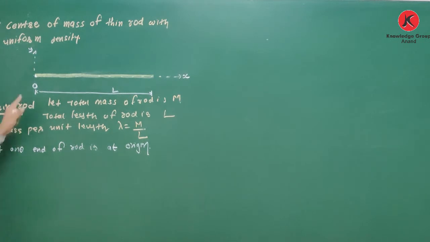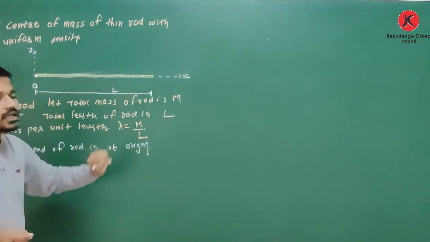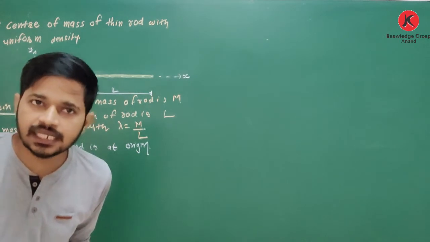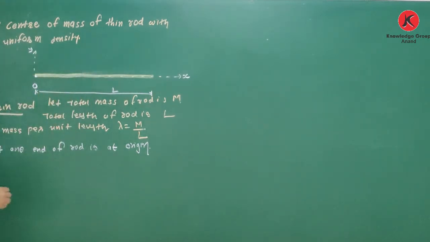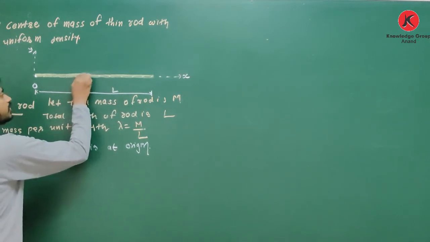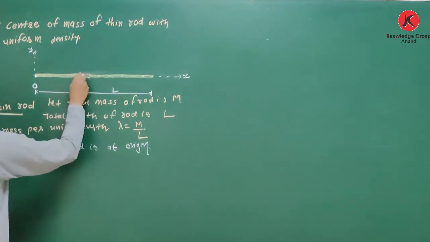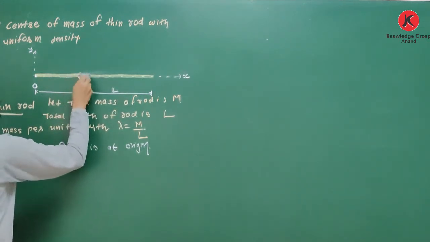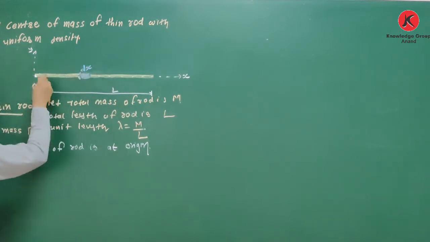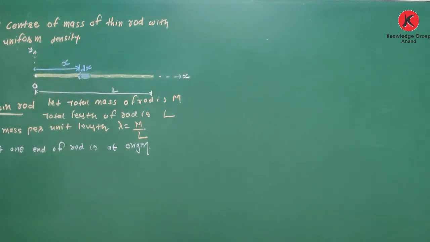Now, as it is a rod, what is the method to find it? We divide this whole rod into very small elements, and I am taking one element like this. Let it be one element on the rod, having length dx at distance x from the origin.